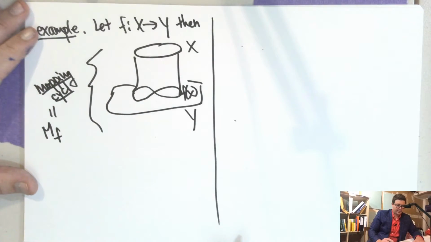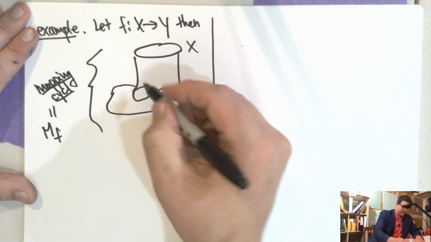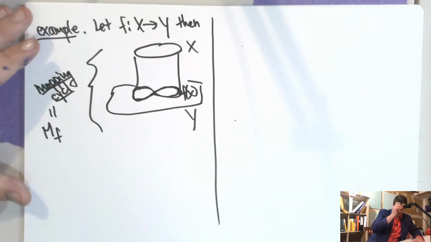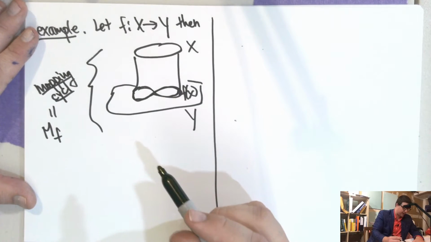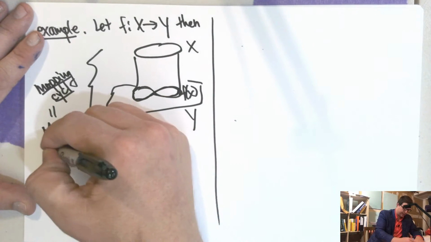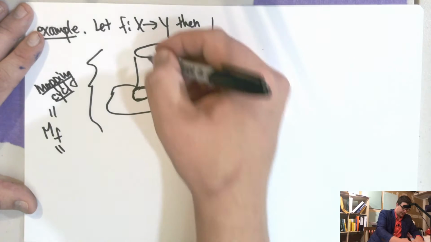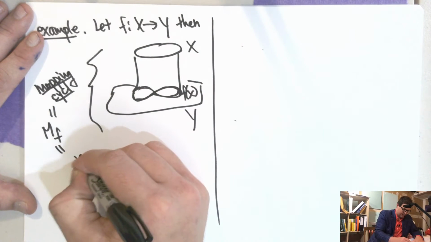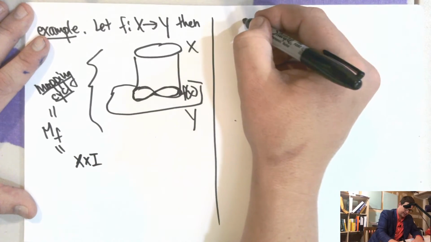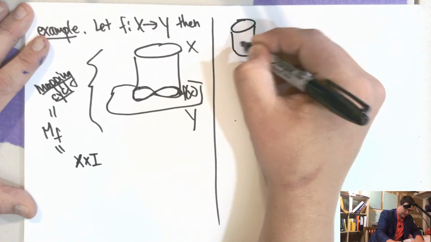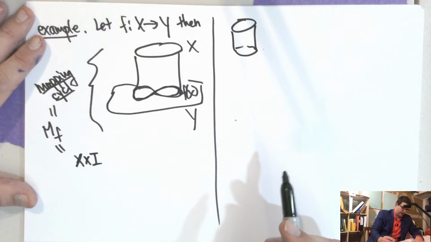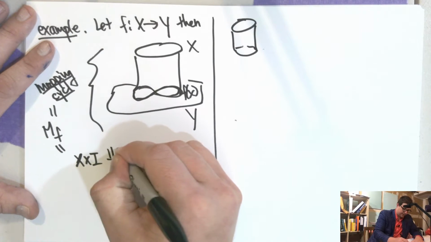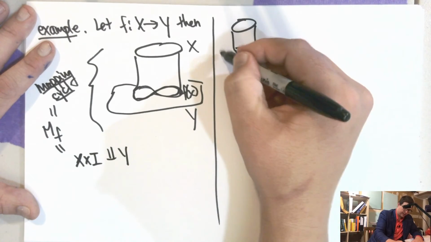This is an incredibly important example because it really is the main example of these things. So let me show you this retract. Let's give the definition though. We took X cross an interval, and then we'll take Y here.